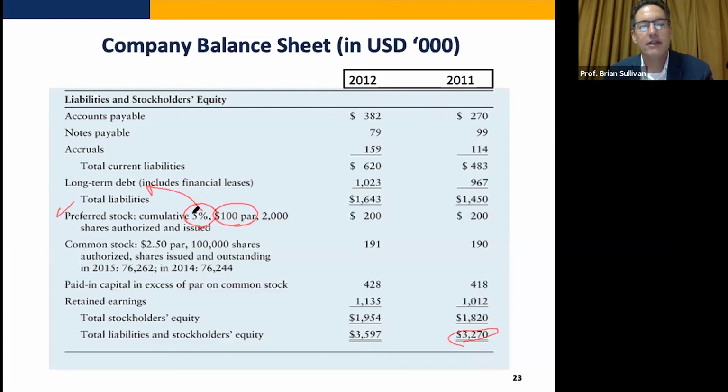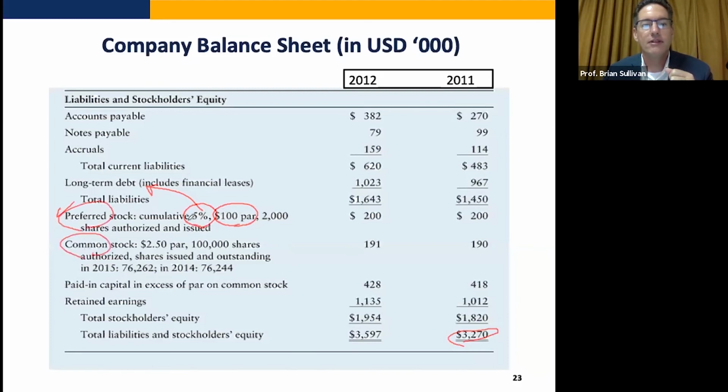And that looks like interest, but it's not interest, it's a dividend. But it's a stock that's made to mimic debt, right? So it has ownership equity, unlike debt. Debt has no right to the profits of the company, but preferred stock and common stock do, right?